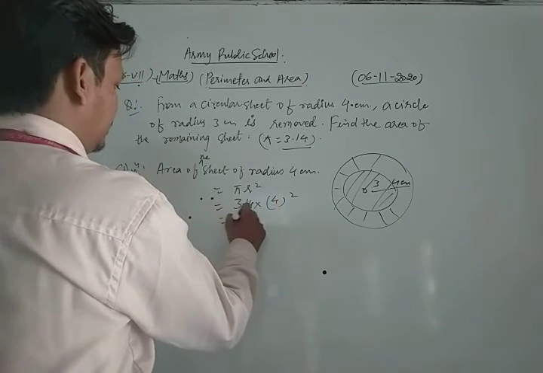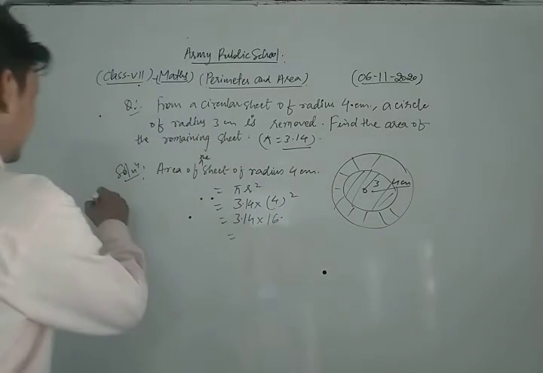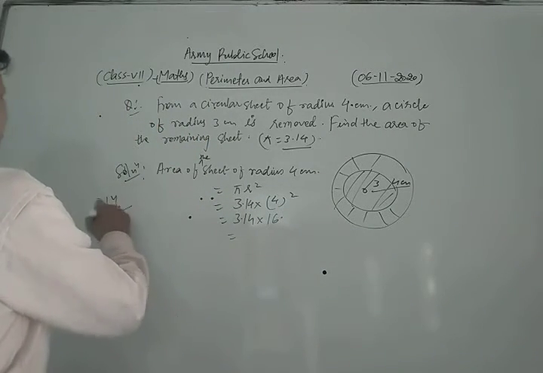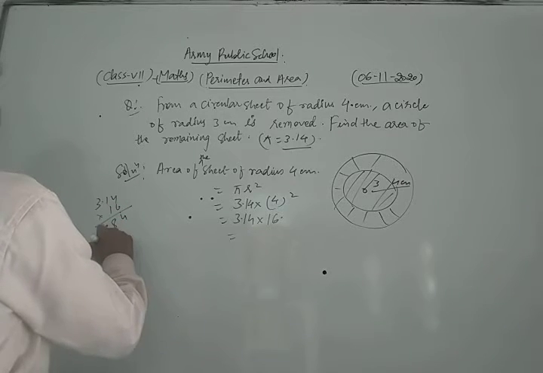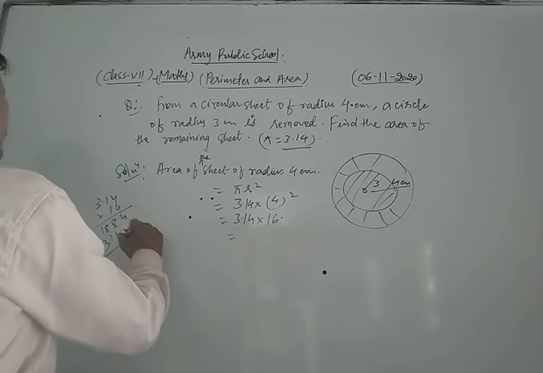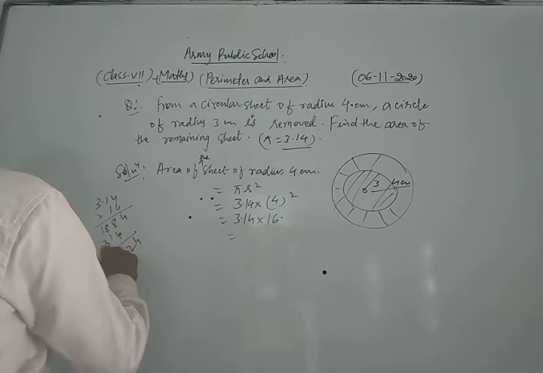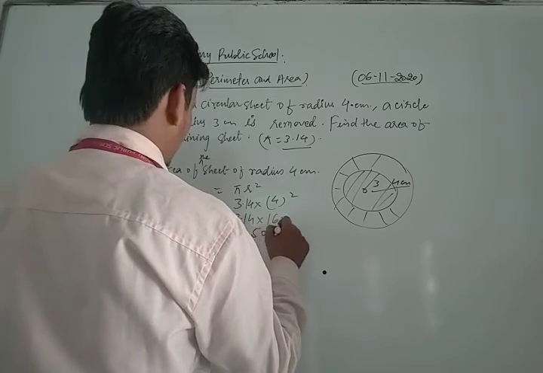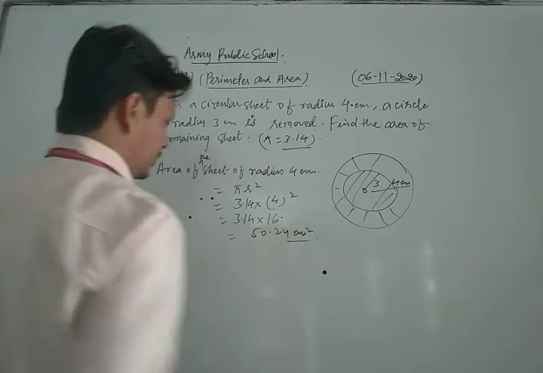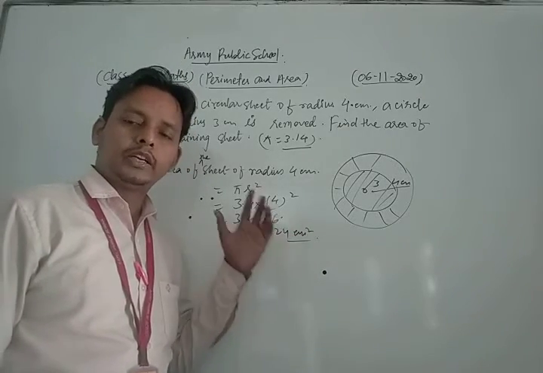So we get 3.14 into 16. Multiplying, we get 50.24 centimeter square. So first of all, we find the area of the sheet of radius 4 centimeter.